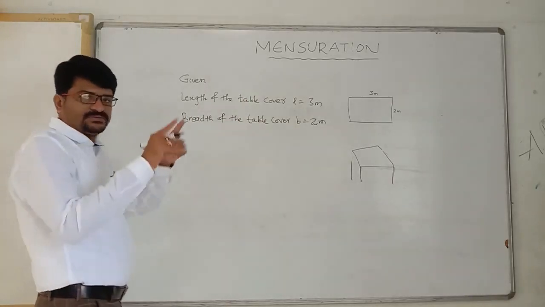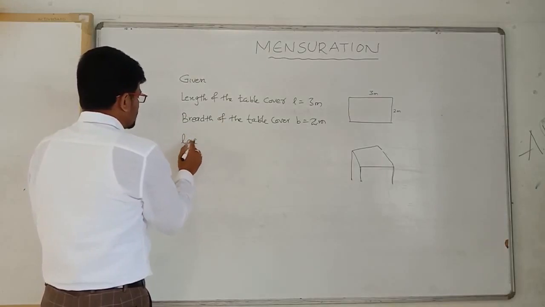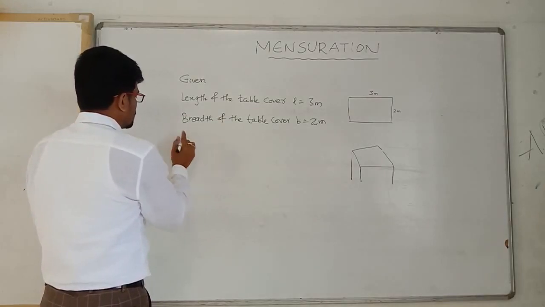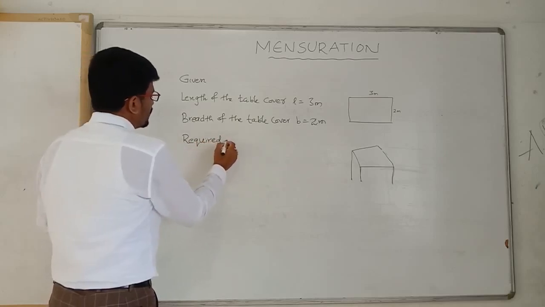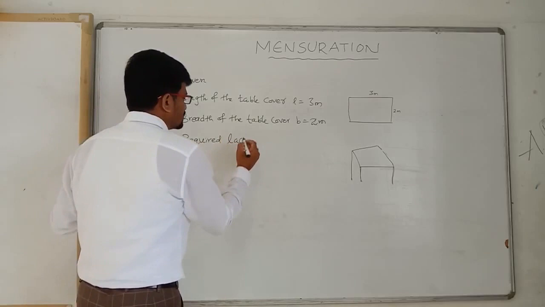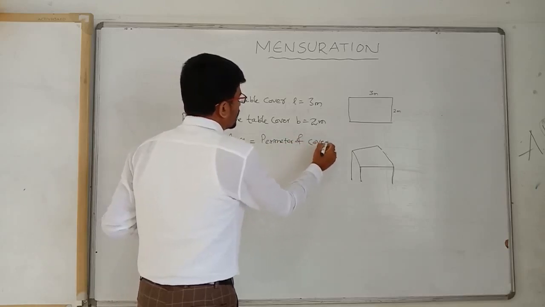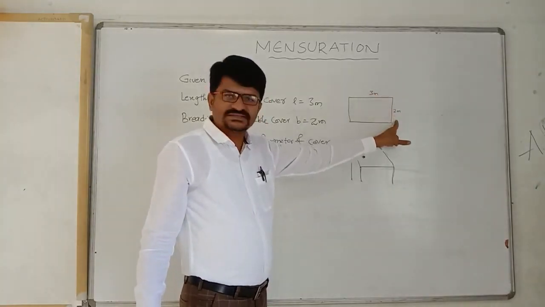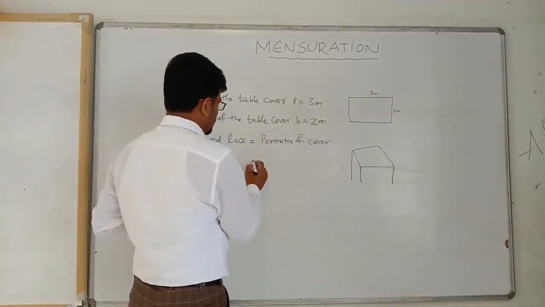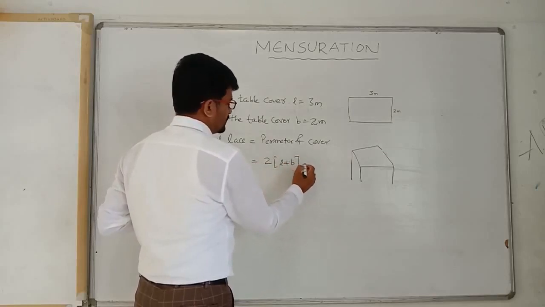Now, lace required is equal to the perimeter of the cover. This cover is in the shape of a rectangle, why? Because length and breadth are given. Therefore, perimeter of rectangle formula is 2 into (L plus B) meters.